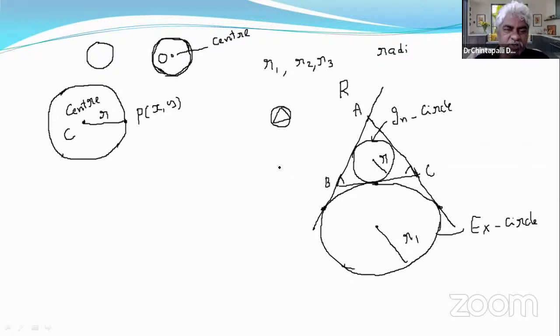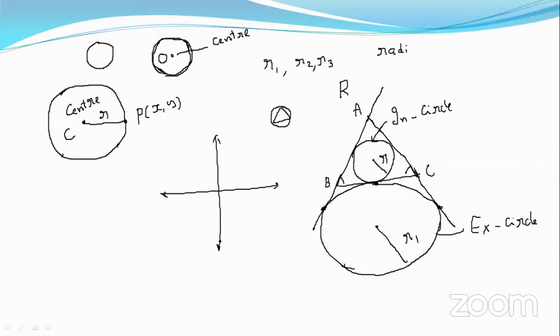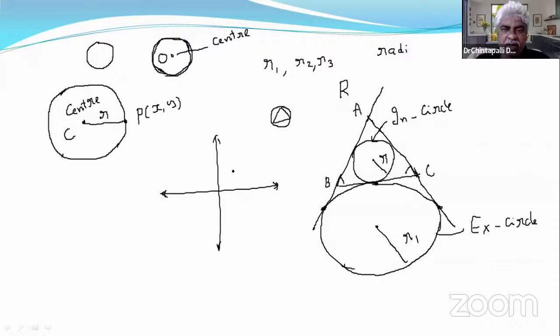But once we started to draw shapes, lines or points on a graph, this is called coordinate geometry, because this geometry is related to coordinates, x coordinate and y coordinate.